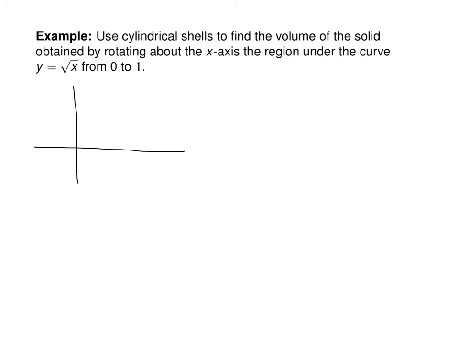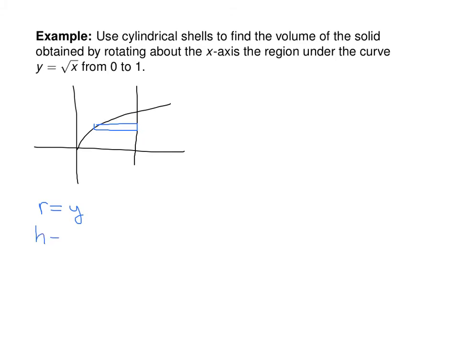So here is y equals root x, 0 to 1. So this region we're going to rotate around the x-axis. So we will slice this way. Okay. So the radius in this case is equal to y.